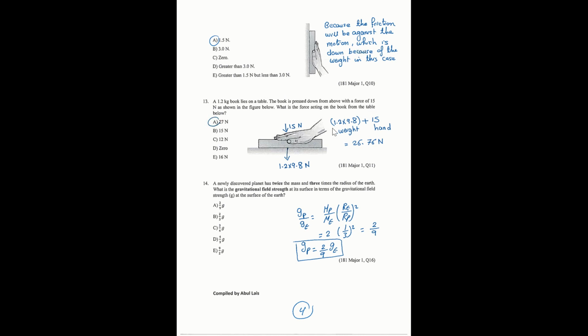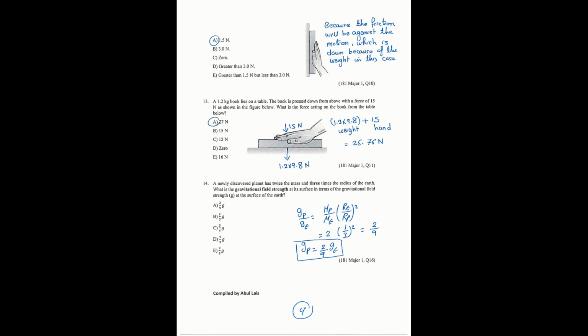So now I have two forces acting here on the table. One of them is 15 newtons, the other one is the force from the weight of the block. So we need to know what is the force acting on the book from the table below. Now remember that for every action there is a reaction equal in magnitude and opposite in direction.